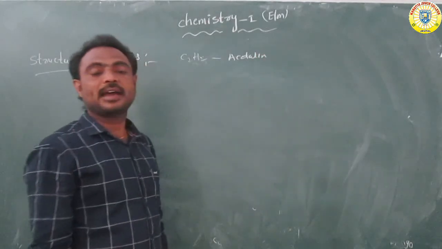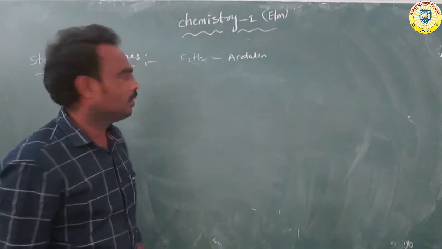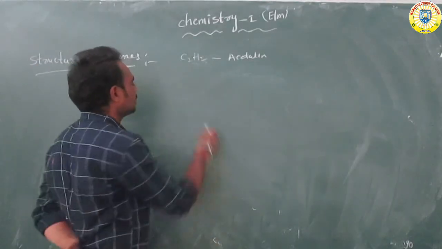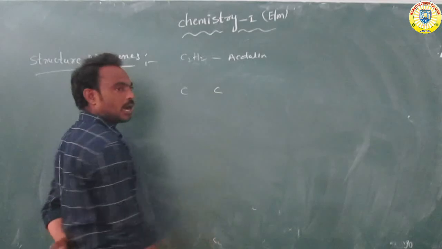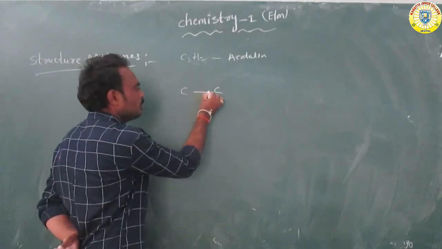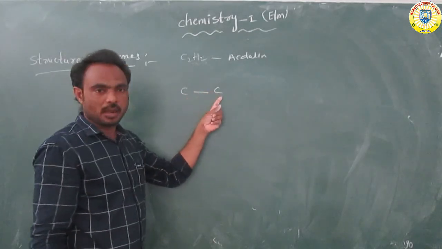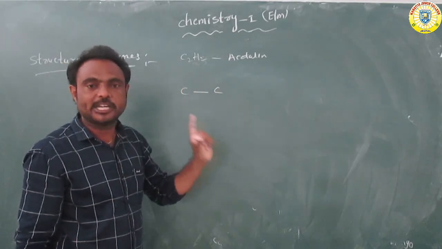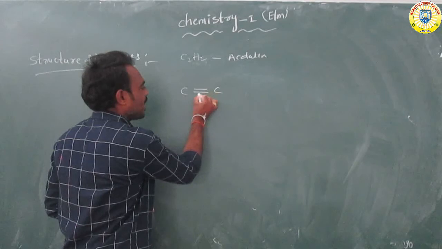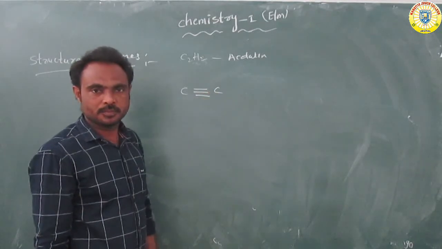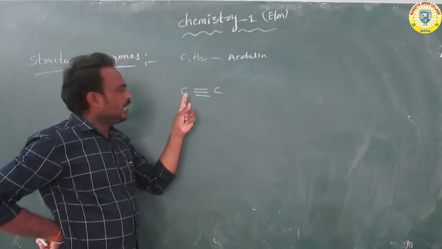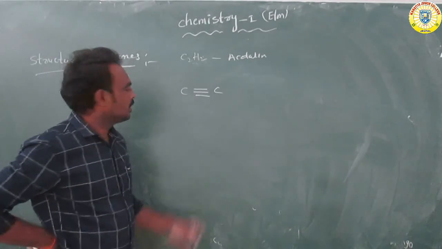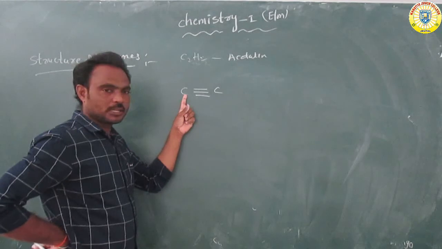How many carbons? 2 carbons. First we write carbon, bond, carbon. But alkynes must contain a triple bond, so we write a triple bond. Each carbon must have how many bonds? 4 bonds.